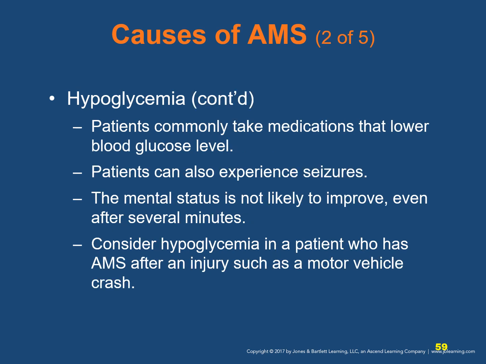Patients with hypoglycemia commonly, but not always, take medications that lower the blood glucose level. These patients with hypoglycemia can also experience seizures. The mental status of a patient with hypoglycemia is not likely to improve even after several minutes. Consider hypoglycemia in a patient who has altered mental status after an injury such as a motor vehicle crash.